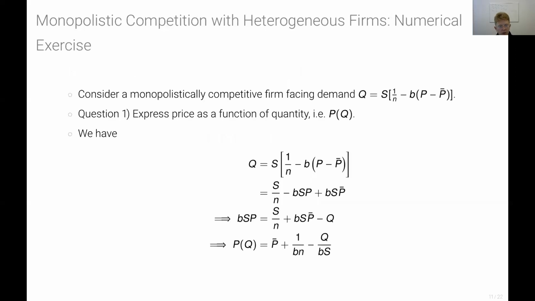If that looks familiar, that's because if we put price on the y-axis and quantity on the x-axis, then P bar plus 1 over NB is our y-intercept, and negative 1 over BS is our slope.